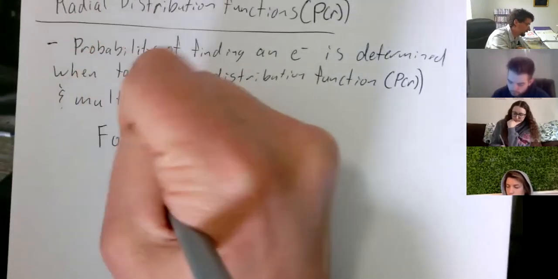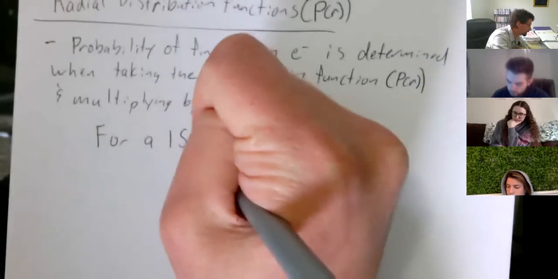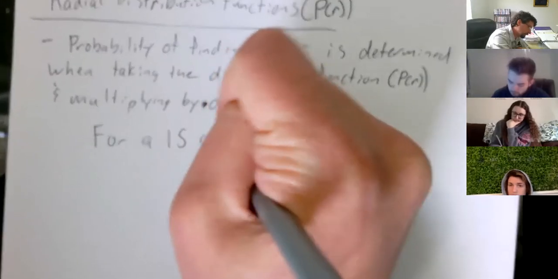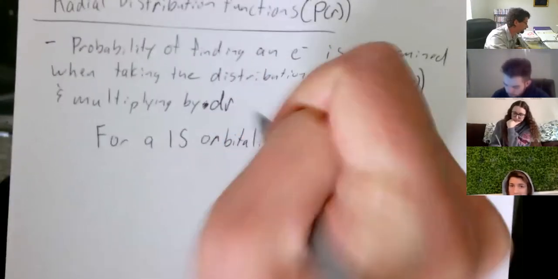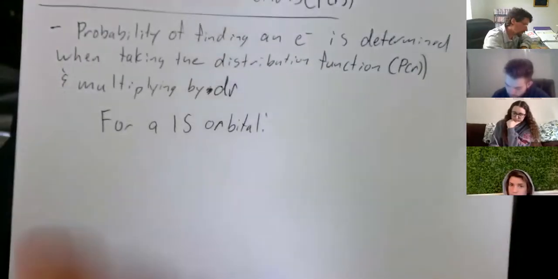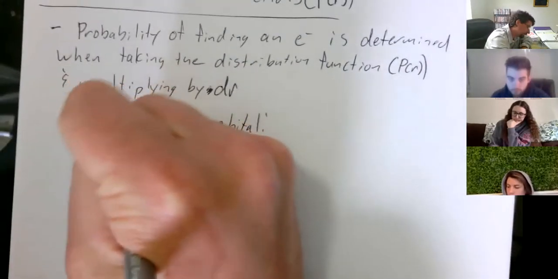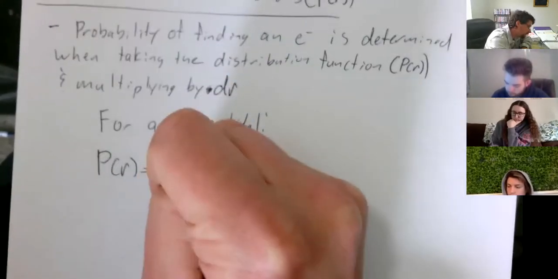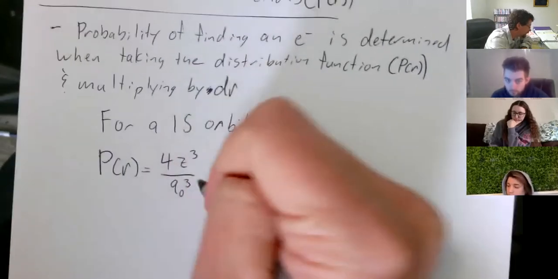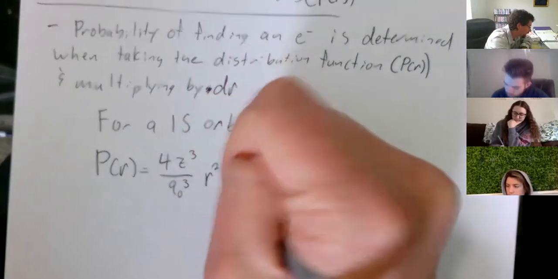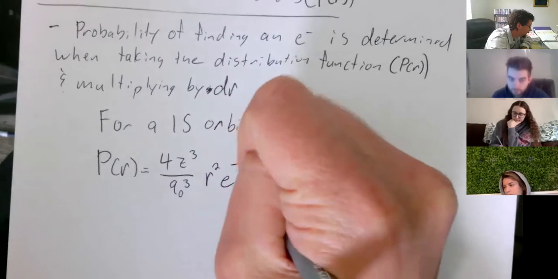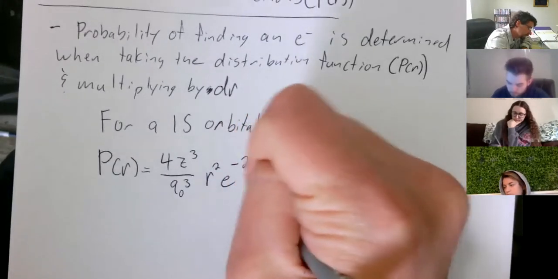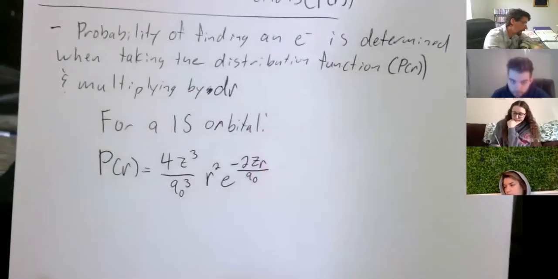So for a 1s orbital, you can look these functions up. It'd be P of R is equal to 4 z cubed over a naught cubed, r squared, e to the minus 2 z r over a naught.